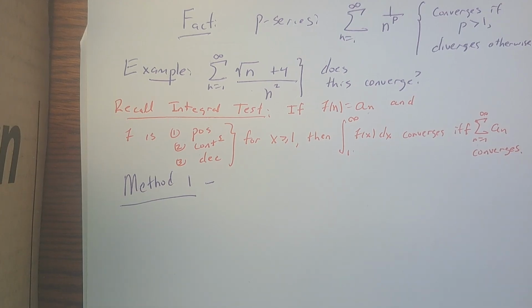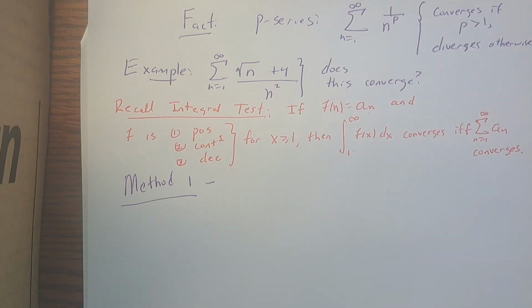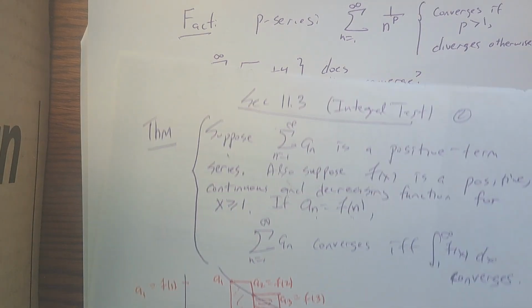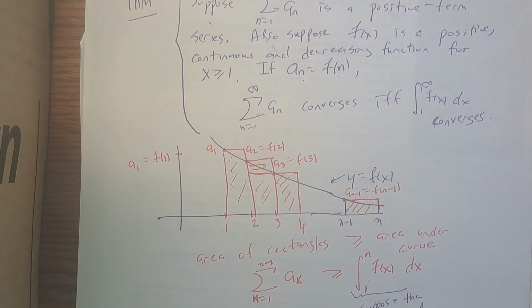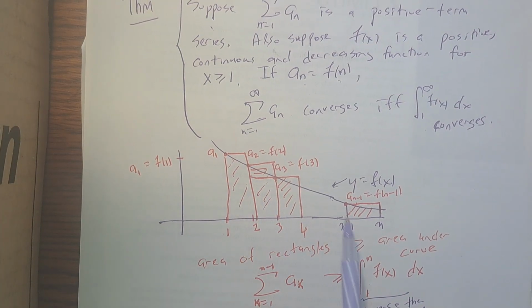This is one of your more intuitive convergence theorems. It's totally believable if you think about it, because what you're doing is taking a continuous curve and approximating it with rectangles.